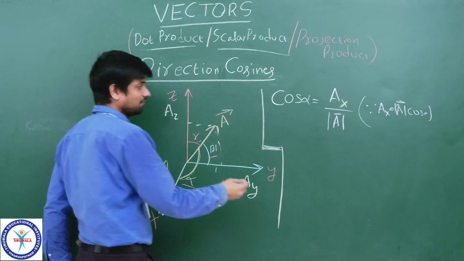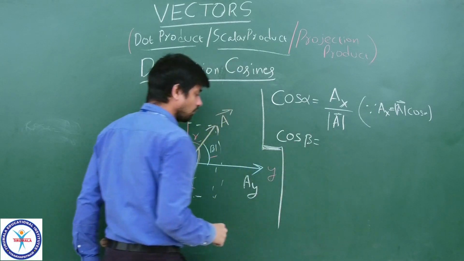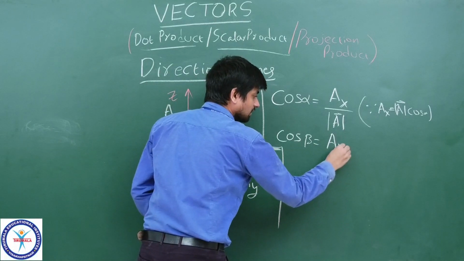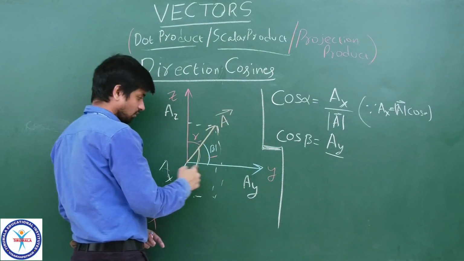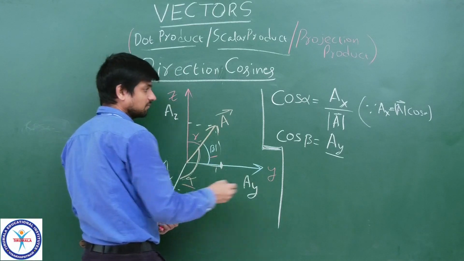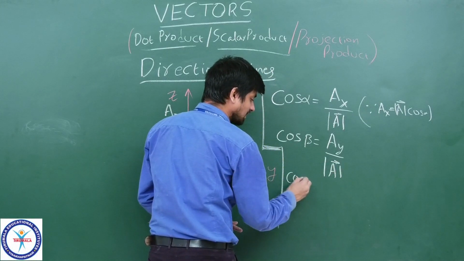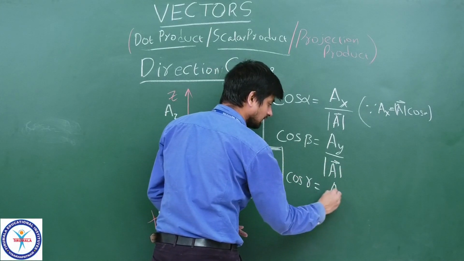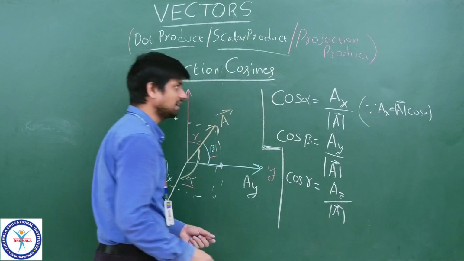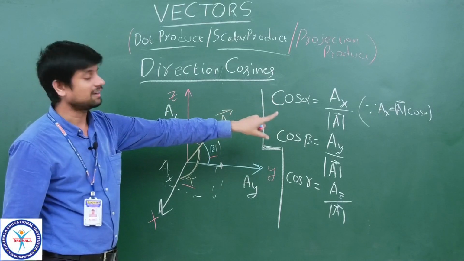In the same way, the projection on the y-axis, children, how do you write? Ay by modulus A. In the same way, cos gamma, children, is Az by modulus A. How did we get this? The projection Ax equals modulus A cos alpha.